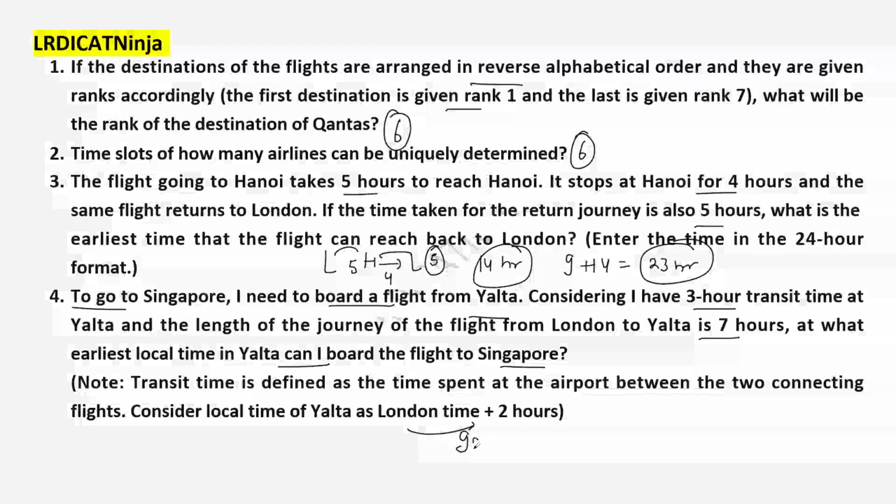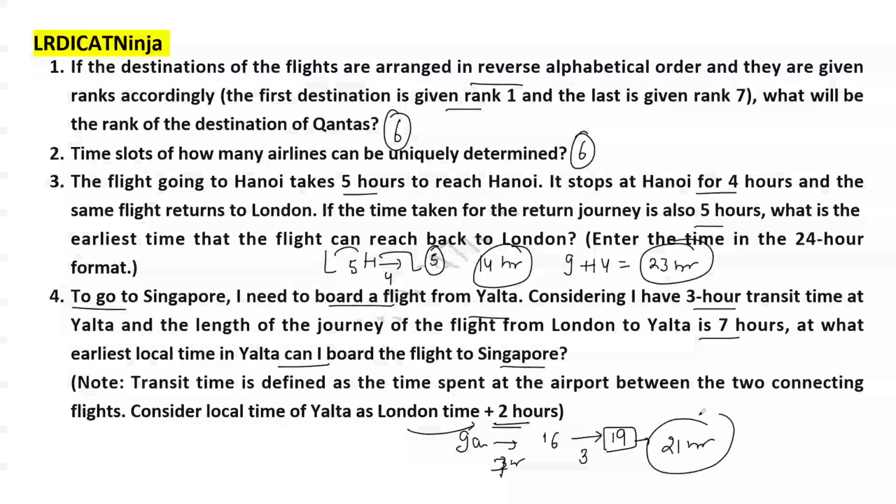So 9 a.m., the journey is 7 hours, that is 16, plus transit time 3, that is 19 according to London time, but because Yalta is 2 hours ahead of London time, in Yalta the time will be 21 hours. So the answers will be 6, 6, 23 and 21.